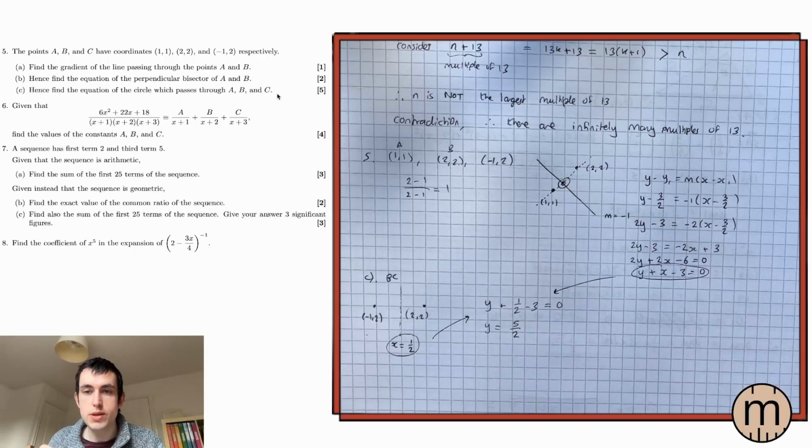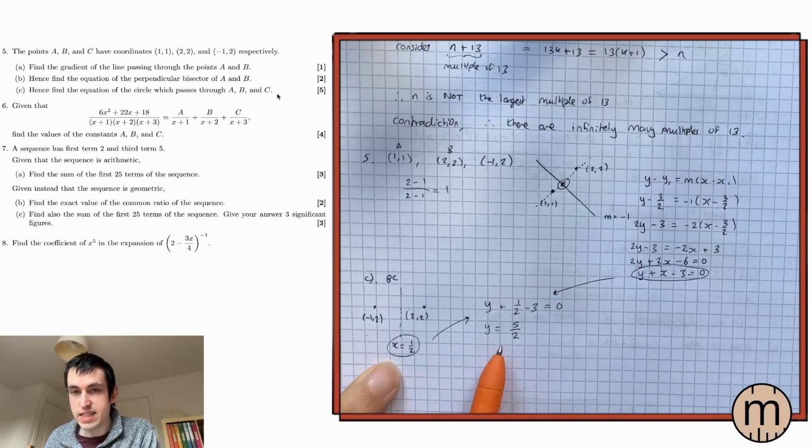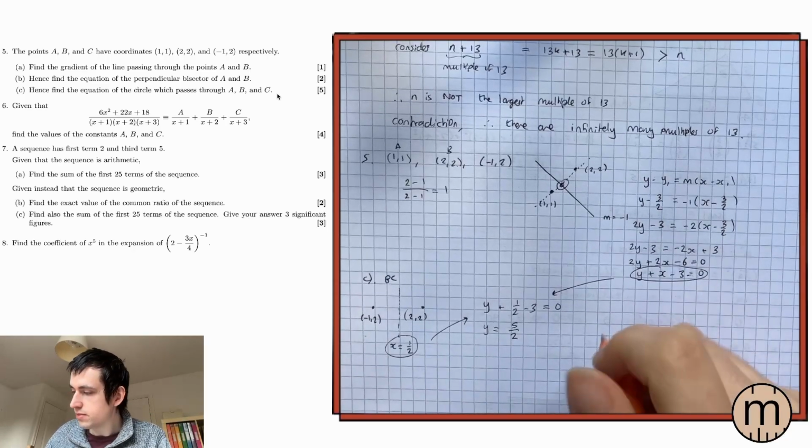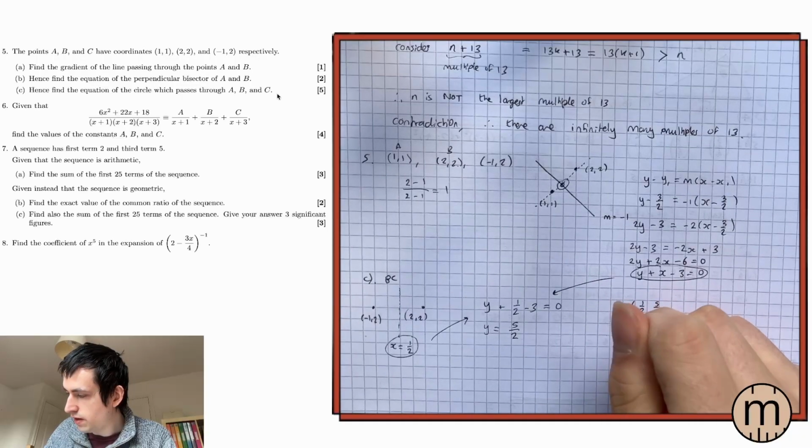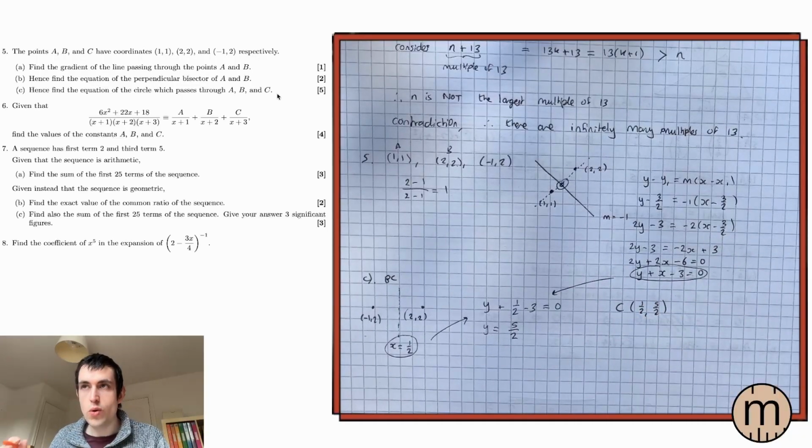Now, if you've seen this process before, that's the centre of the circle. So the centre of the circle will be (1/2, 5/2), wherever the two perpendicular bisectors cross. You could find all three if you really want, but there's no need, that's where the centre of the circle is going to be.